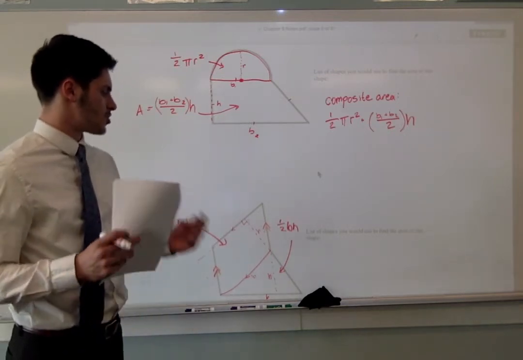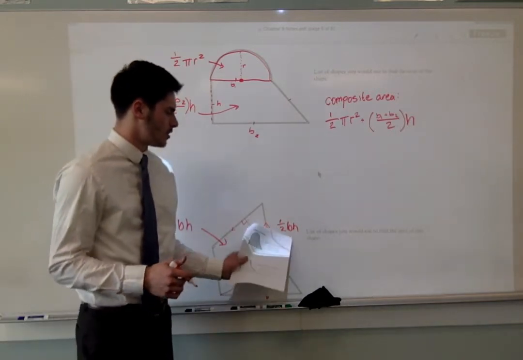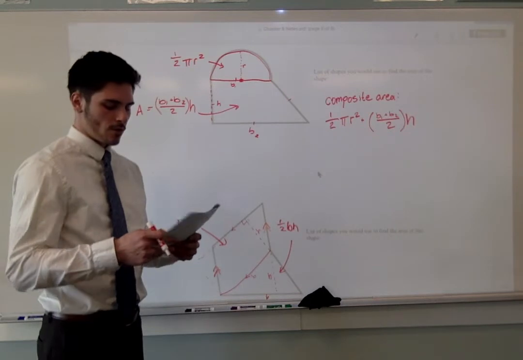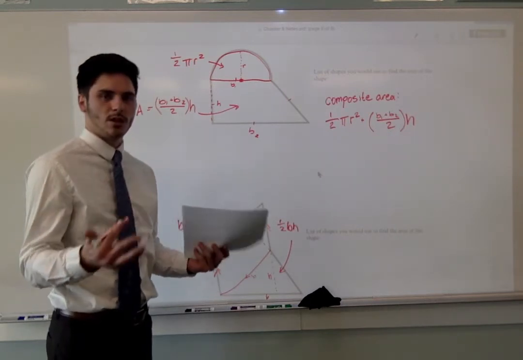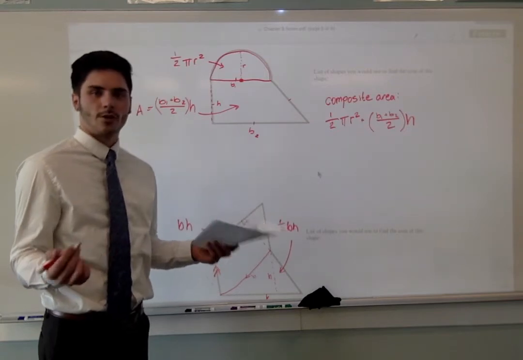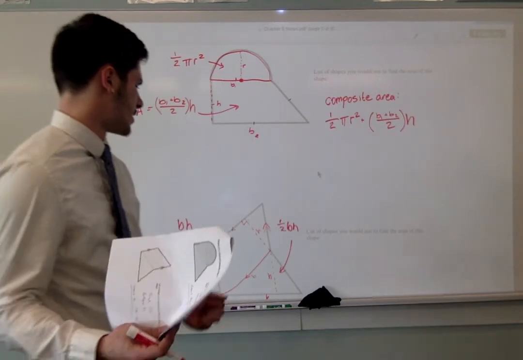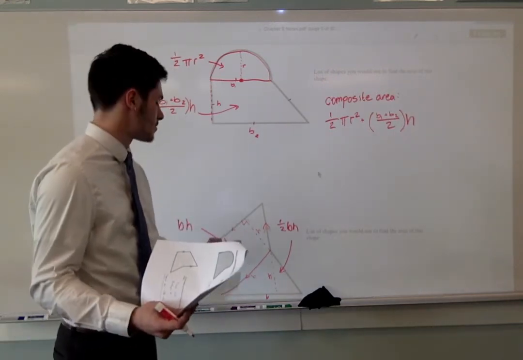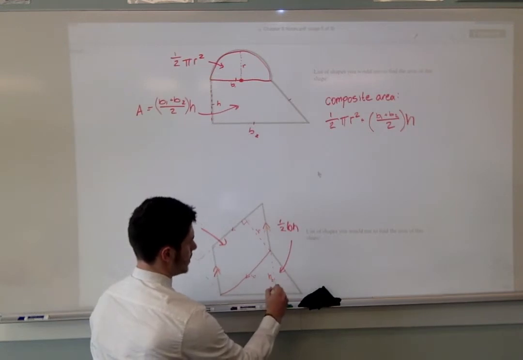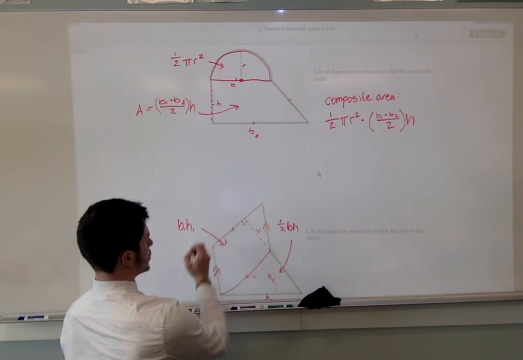So to generalize this, we're going to use different variables for B and H just because it seems confusing if we have 1/2 BH plus BH, because then we really have 3/2 BH, right? And I can't say that that's necessarily going to be the formula for shapes like these. So what we're going to do is we're going to call this H2 and B2 for the triangle, and for the parallelogram it'll be B1 and H1.